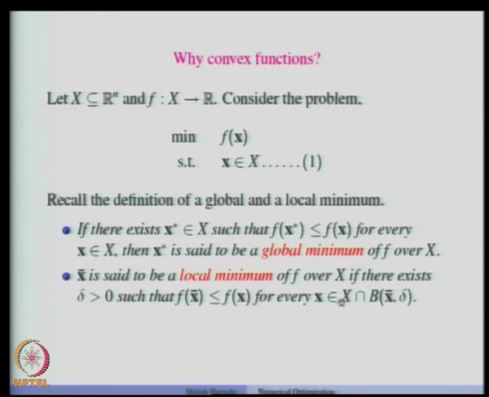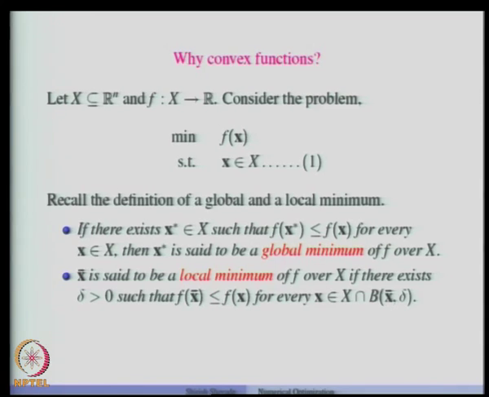So, if we collect all the feasible points in the delta neighborhood of x bar, and the value of the function at x bar is at most the value of the function at all the other points in the feasible delta neighborhood of x bar, then we say that x bar is a local minimum.